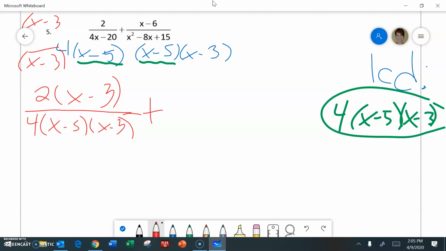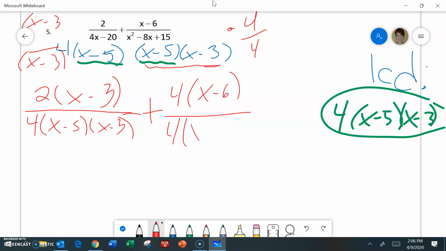For our second fraction, it already has the x minus 5, so we need to multiply by 4 over 4. So the numerator would be 4 times x minus 6, all over 4 times x minus 5 times x minus 3. Now we actually have to add the top. I'm going to do some distributing first on the numerator.